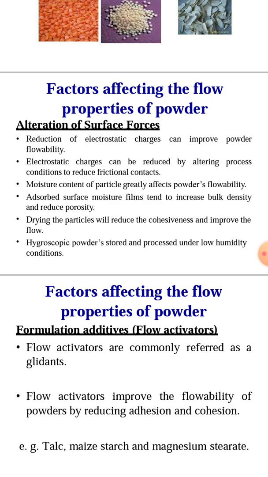Last is formulation additives, addition of flow activators. Flow activators are commonly referred to as glidants. Flow activators improve the flowability of powders by reducing adhesion and cohesiveness, like talc, starch, magnesium stearate, and zinc stearate.